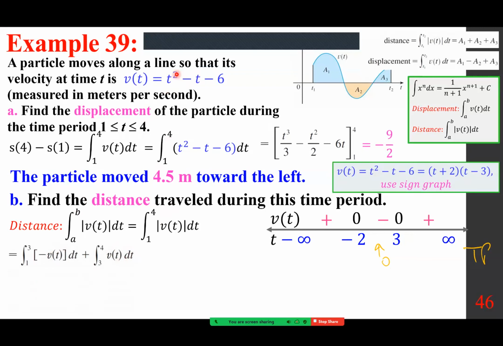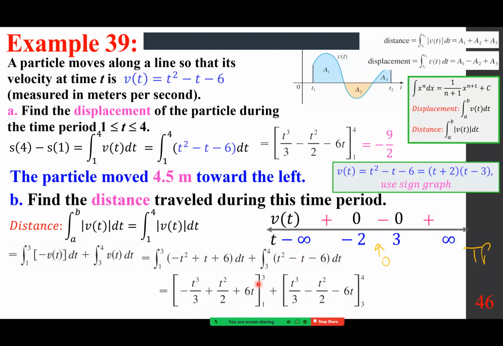It's opposite: minus t squared plus t plus 6 for the first one. Now this gives you negative 1/3 t cubed plus 1/2 t squared plus 6t, and this we've already told you. This goes from 1 to 3, this goes from 3 to 4, and again, you can do the evaluation on your own.